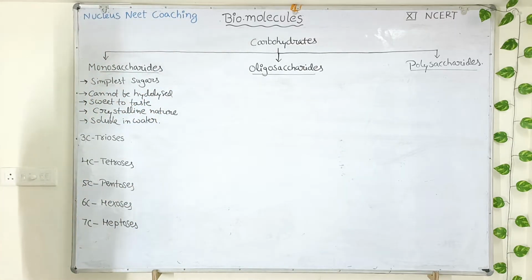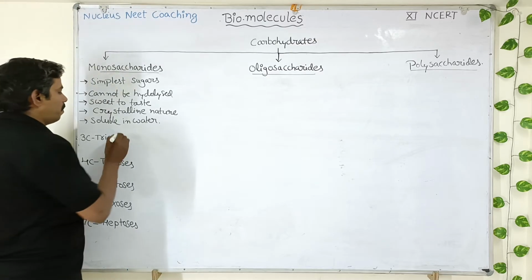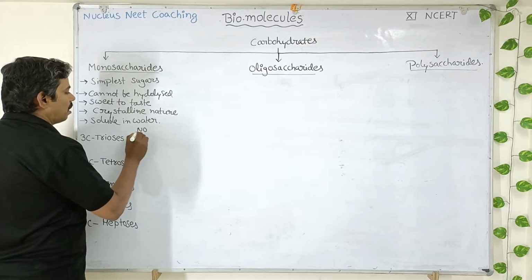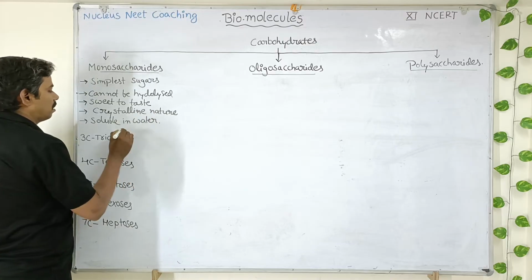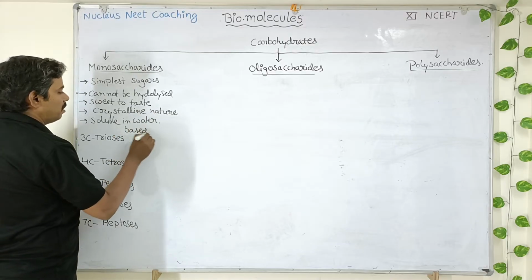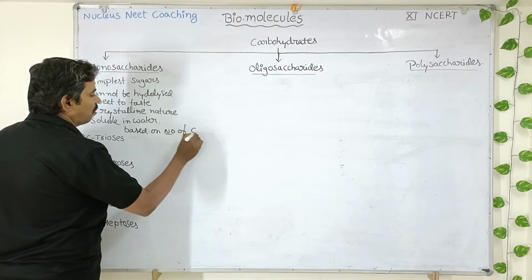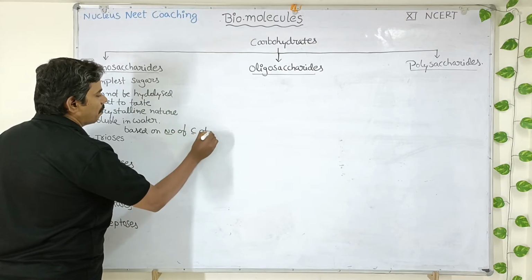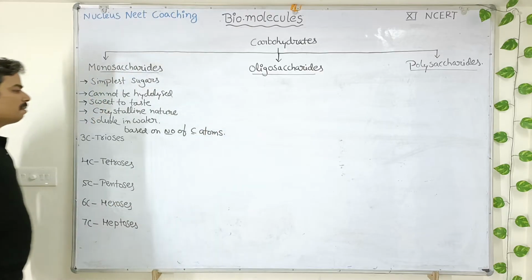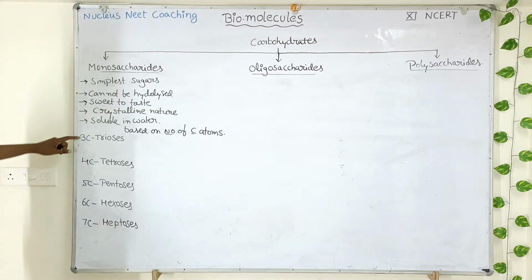Now, based on the number of carbon atoms present in the monosaccharides, they can be further classified into 5 categories.